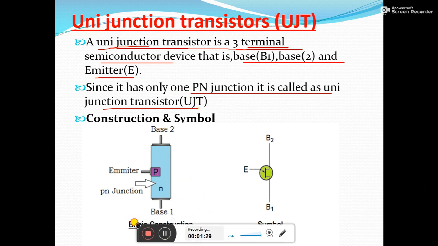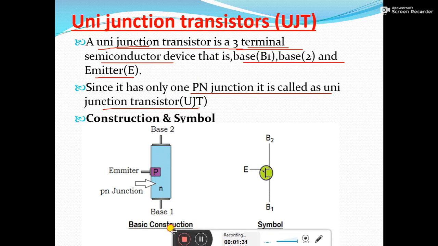Let us see the construction. You can see the construction here. In the construction, basically we take a lightly doped N type slab or N type bar, and two metal contacts are made at the top as well as at the bottom. One is referred to as base 2, another one is referred to as base 1.